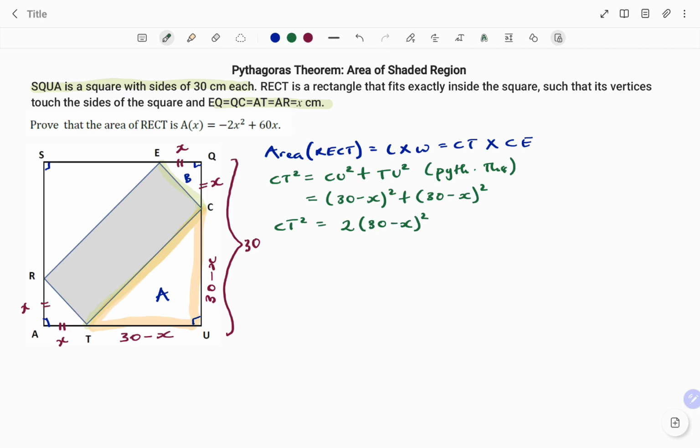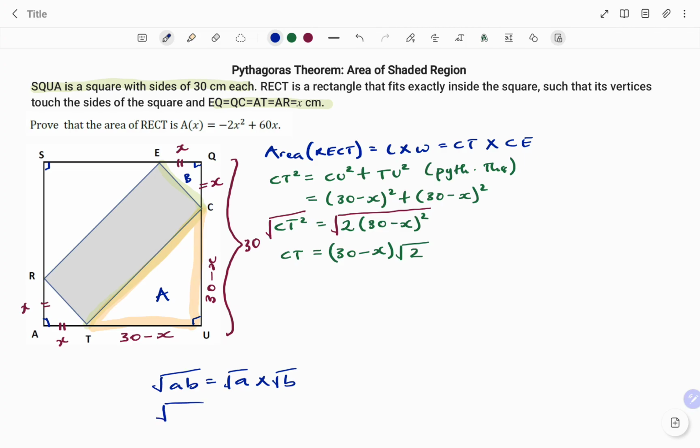Therefore, to find the value of CT, I'll find the square root of both sides, and therefore CT is equal to 30 minus x in bracket root 2. What I've done is to apply the surd rule that states that the square root of a times b is the same as square root of a times square root of b.